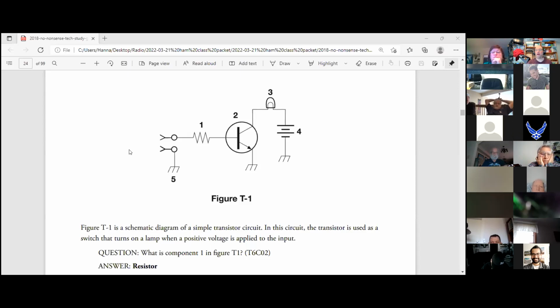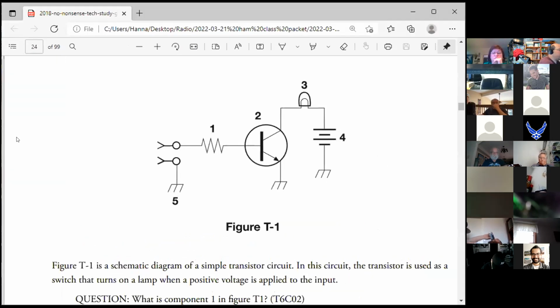Ground. That's a ground. Okay, so we haven't talked about ground yet. And the easiest way to talk about ground is to say that ground is 0 volts. So ground is our 0 volt reference, basically saying that it's the voltage of the surface of the earth.